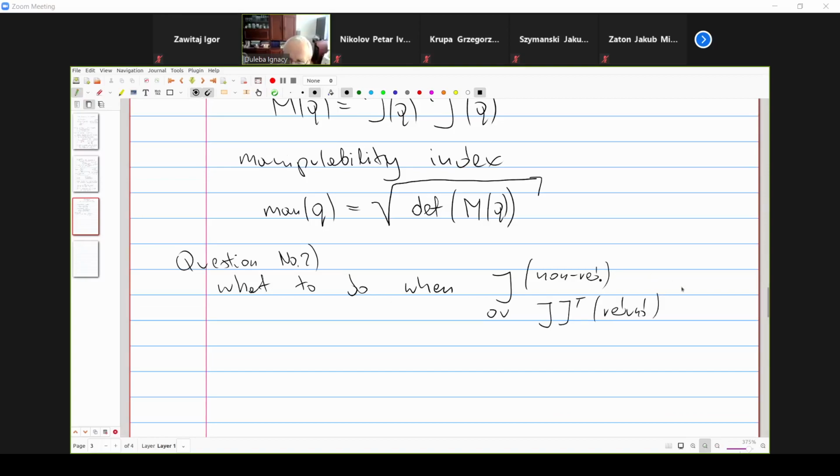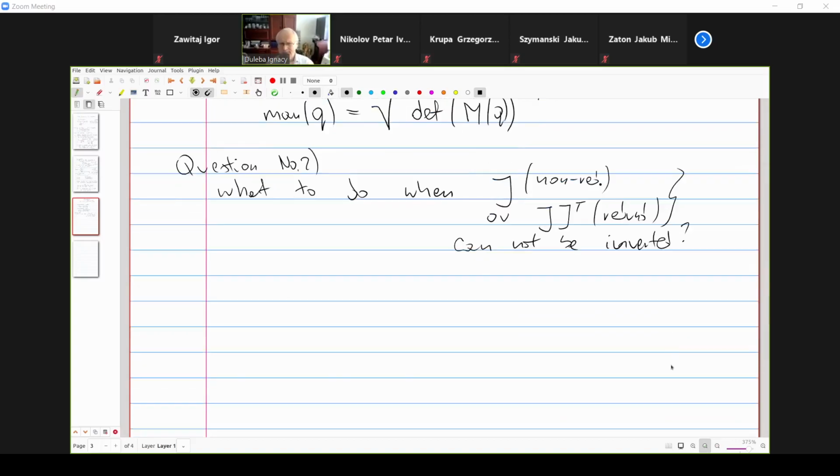What to do when the matrices cannot be inverted. So before answering this question, let's characterize the configuration when this situation happens.